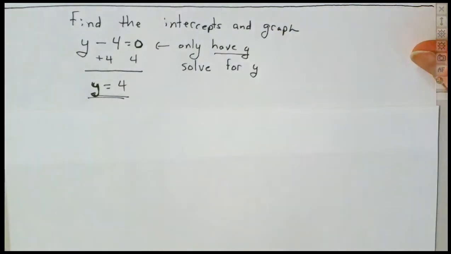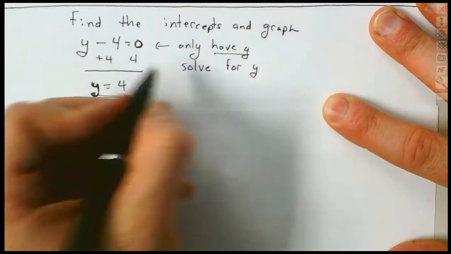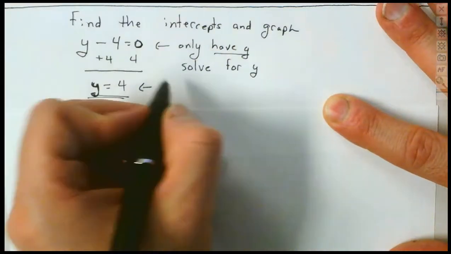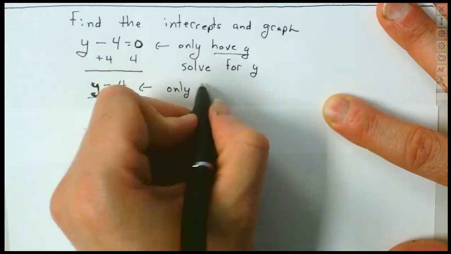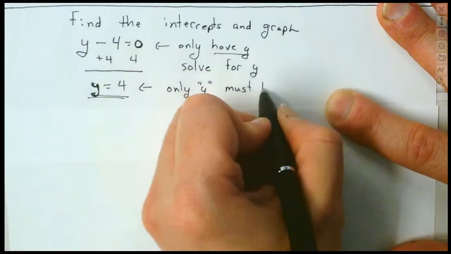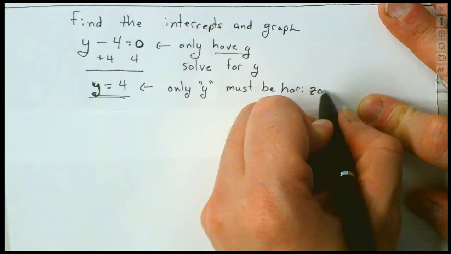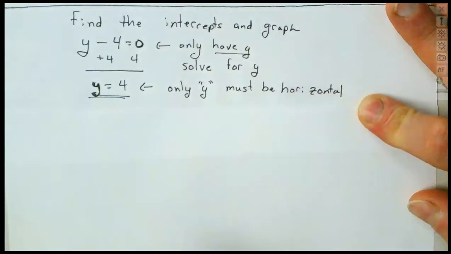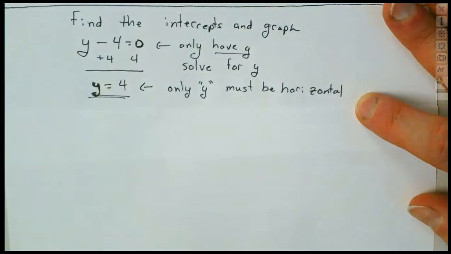We only have one variable. So that means since we only have a y, this must be a horizontal line. So only y must be horizontal.